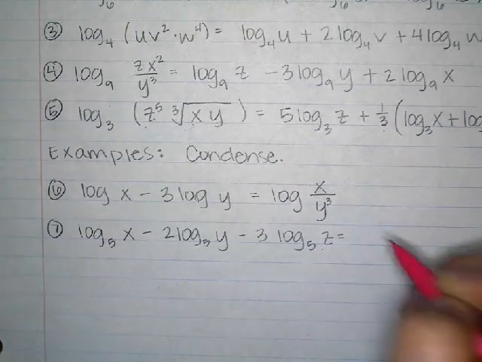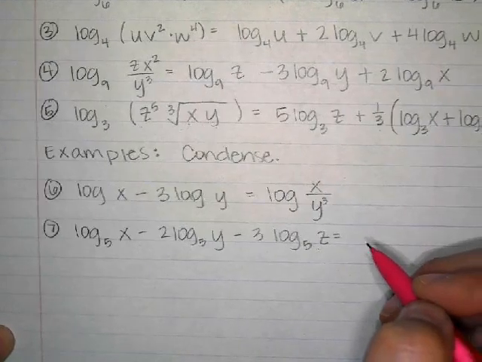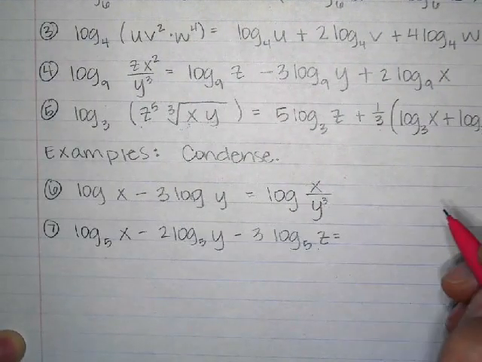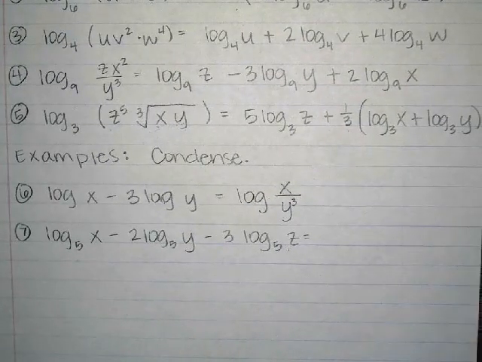So we got log base 5 of x minus 2 log base 5 of y minus 3 log base 5 of z. So how many times can I write log base 5? One time. Okay.